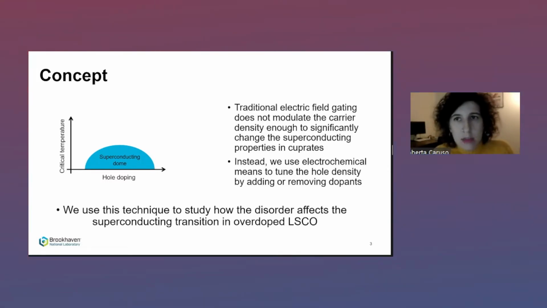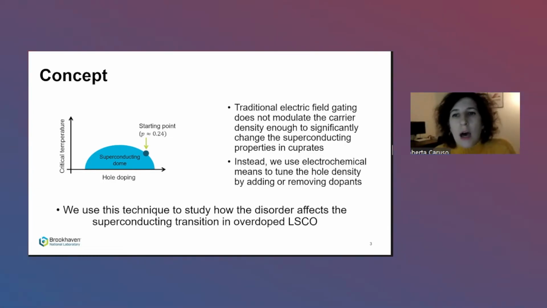In traditional experiments with cuprates, you change the hole doping by adding or substituting elements into the parent compound, or by changing the oxygen content through annealing. However, one may think of using some kind of electric field effect to tune the carrier density in more or less the same way you do with semiconducting materials, or with LAO-STO interfaces, for instance.